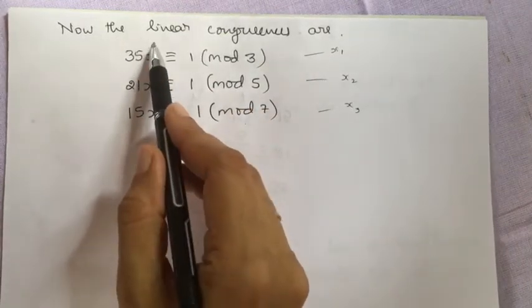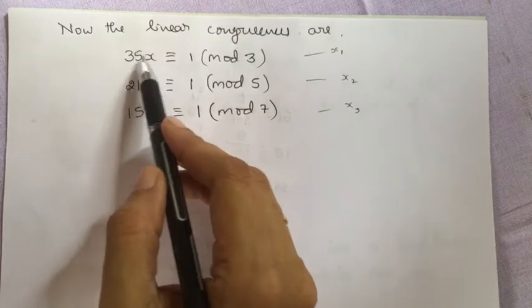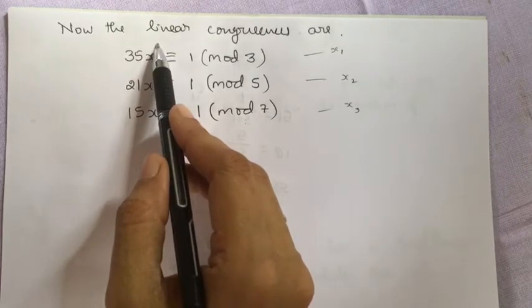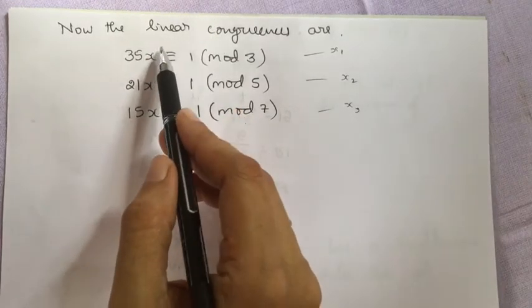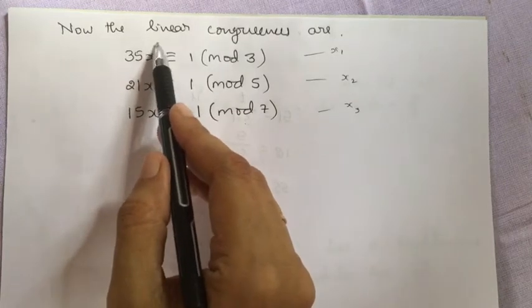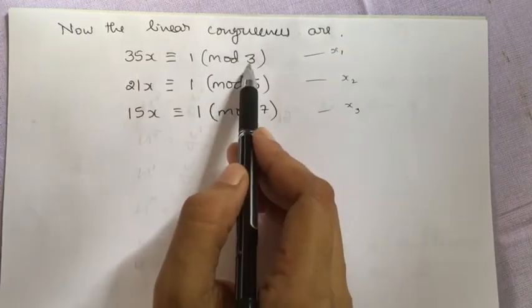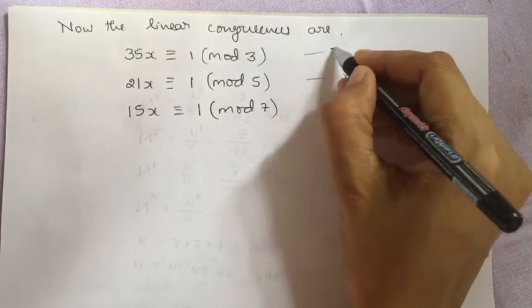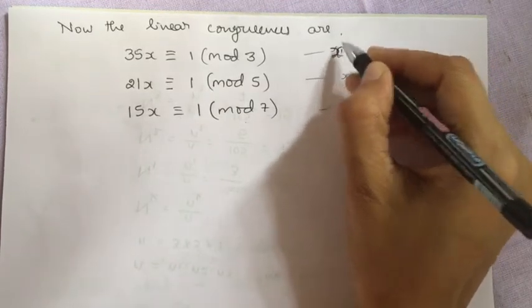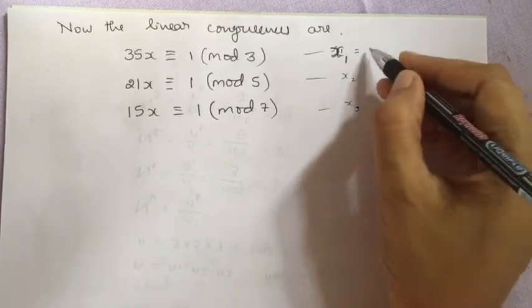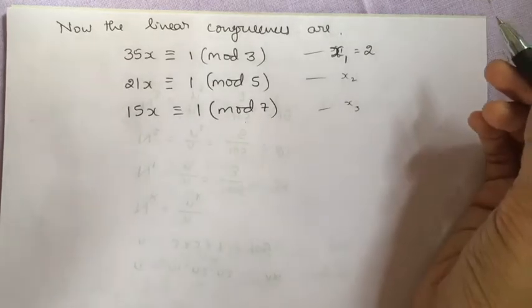So if I put x equal to 2, then it is 35 into 2, that is 70, minus 1 is divisible by 3. So I'm just directly writing the solution to this. I'll call it x1. So the value of x1 is 2.